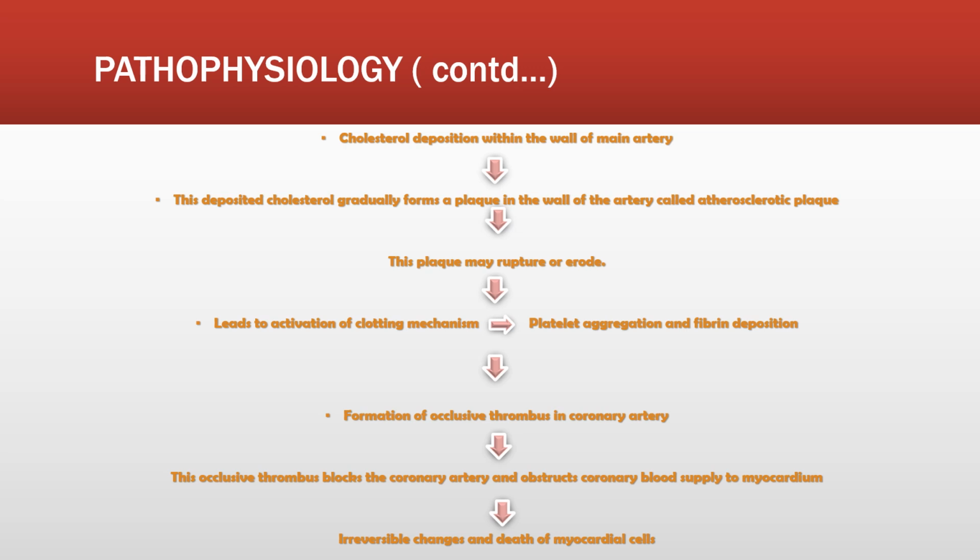Now let us take it very easily in the pathophysiology. So as we said already, this cholesterol deposition, it gradually forms a plaque. This part is very important. It forms a plaque.